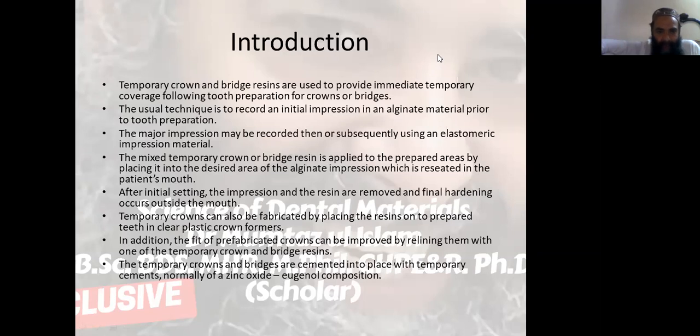Usual technique is to record an initial impression in an alginate material prior to tooth preparation. You have not done anything to your tooth, only you have taken the impression of that area or impression of the mouth when he comes to you for a crown or a bridge.